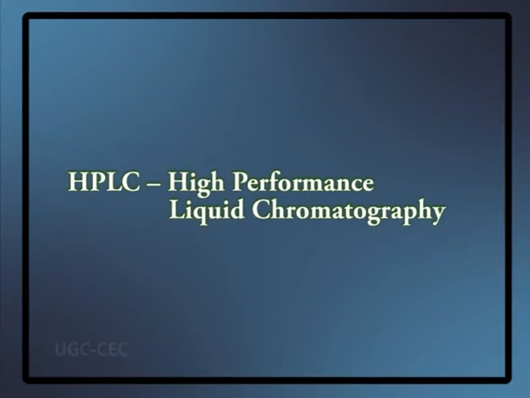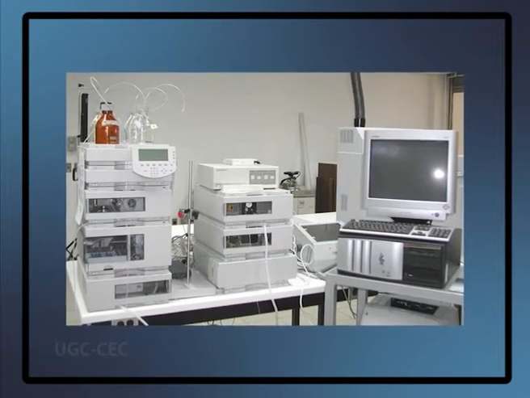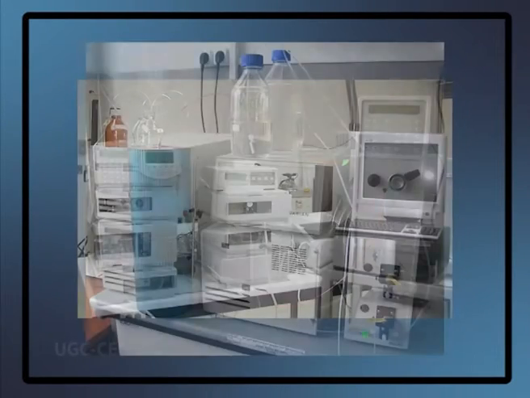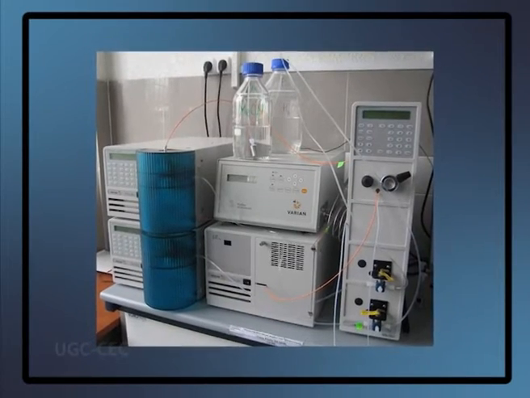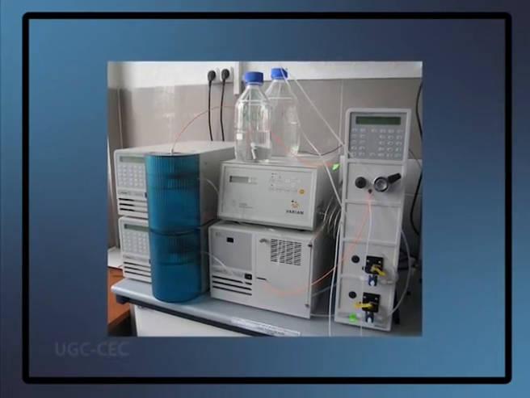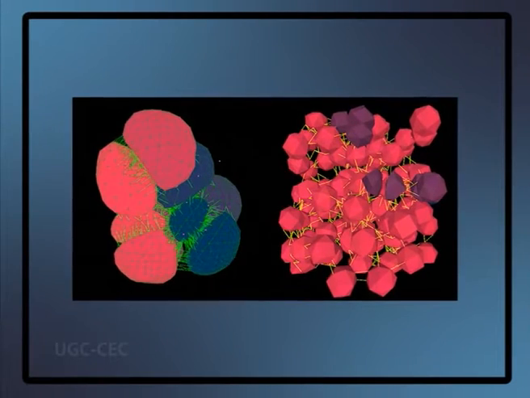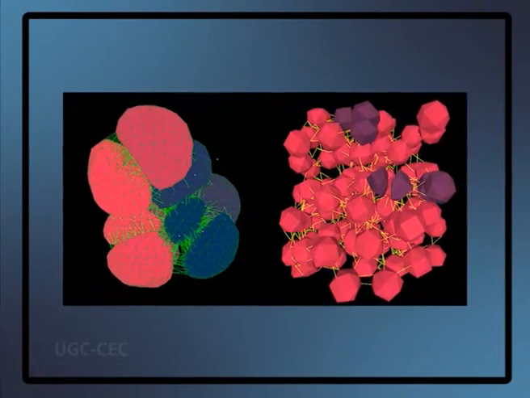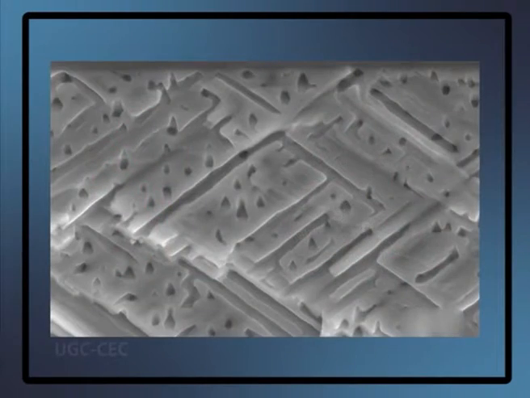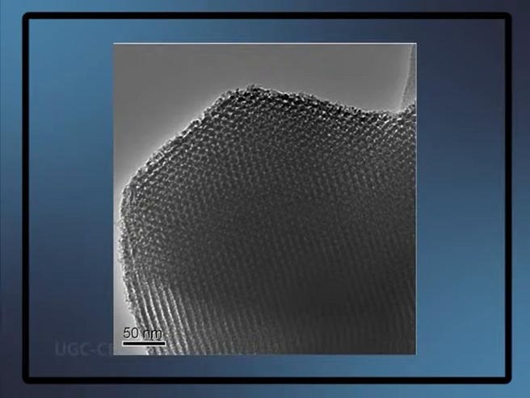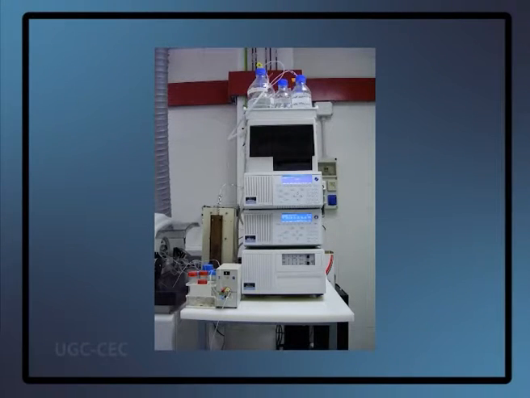HPLC, high performance liquid chromatography. HPLC is a type of liquid chromatography where the sample is forced through a column that is packed with a stationary phase composed of irregularly or spherically shaped particles, a porous monolithic layer or a porous membrane by a liquid, which is the mobile phase, at high pressure.